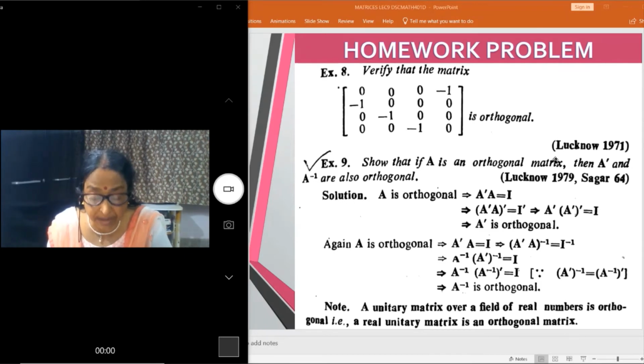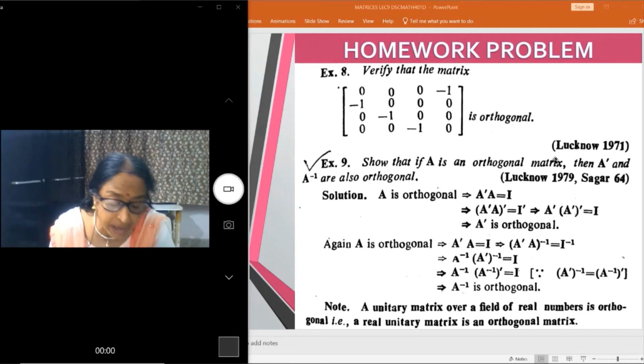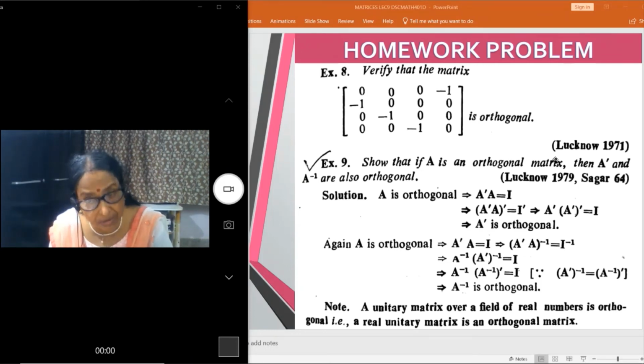A is orthogonal, that means A dash A is equal to I. Now taking the transpose on both sides, (A dash A) dash, that is A dash into A dash dash, is equal to I dash, which is equal to I. So it becomes A dash into (A dash) dash equal to I. That means A dash is orthogonal.